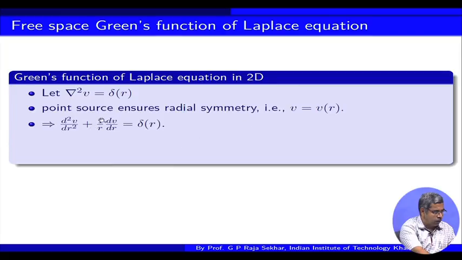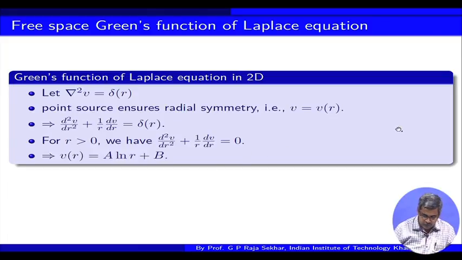Then we expand the Laplacian considering only radial symmetry, so that there is no theta dependency, and we are in 2D. So, the Laplacian reduces to this, and the right hand side is delta function, which means this satisfies homogeneous equation for r greater than 0. That means, if you puncture, if you remove r equal to 0, it satisfies homogeneous equation, right, and one can write quickly the solution.